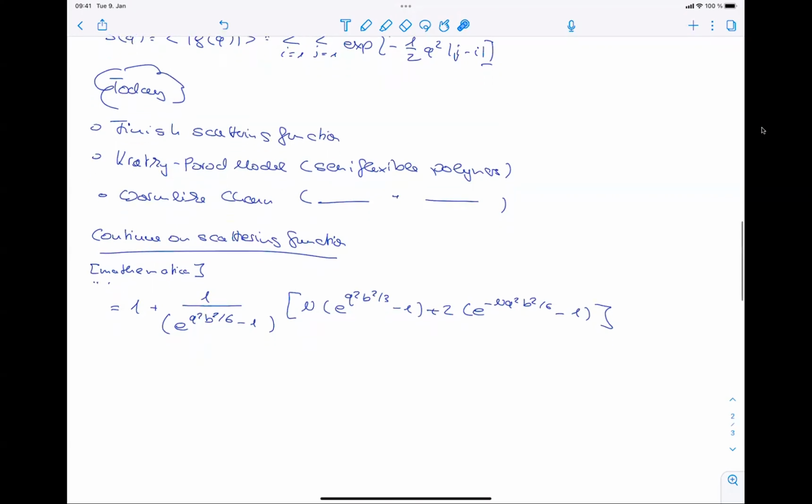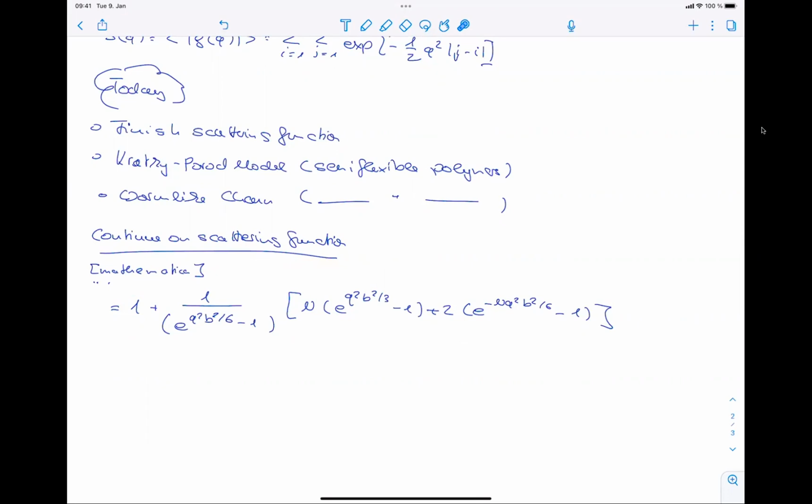All right, back to our case. Here we find this wonderful big expression, and we may have the impression that this equation is true for all Q, B, and N that we can choose.